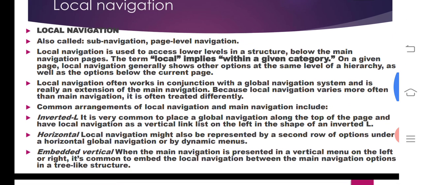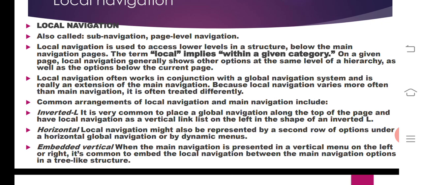Local navigation, also called sub-navigation and page-level navigation, is used to access the lower-level pages. We have already discussed search. This lower level is used to access the content. In terms of the main navigation pages, local implies within a given category.